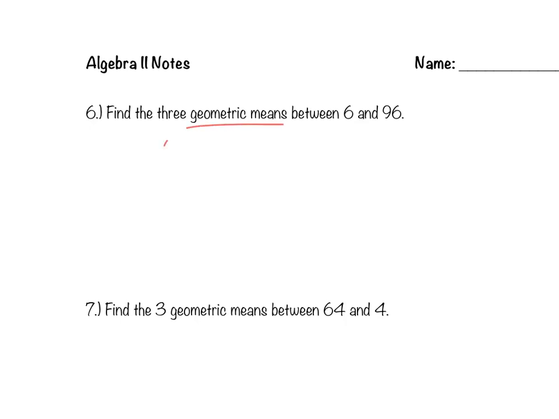Same process. You have 6. If it wants 3 geometric means, then it wants the 3 numbers that are in between those 2 numbers. This will serve as term 1, term 2, term 3, term 4, term 5. So remember how we did this before when you were trying to find the ratio.